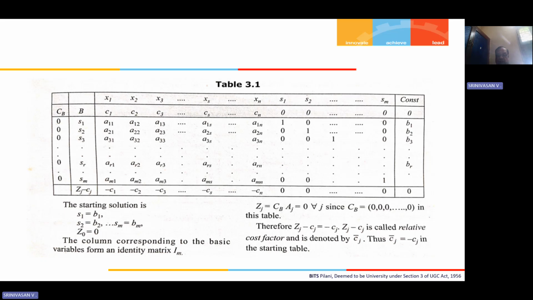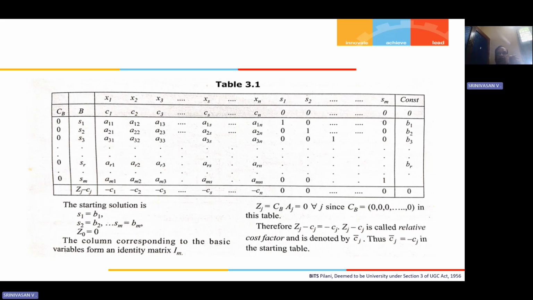Here you can write initially the vectors, the decision variables, and also the slack variables. So x1, x2, x3, etc., xn, then s1, s2, etc., sm, and constant. So in the very first row, you write in this table z as if z equal to c1 x1, etc.